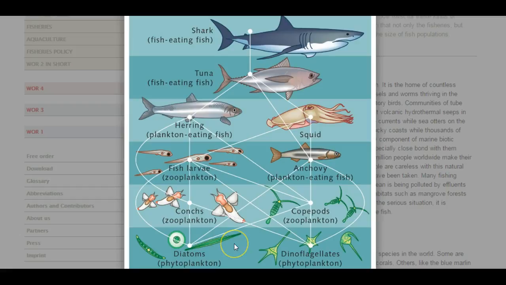They use carbon dioxide as they do that, and they produce oxygen as a byproduct. And then these organisms, these conches and these copepods, they then eat these primary producers to get their energy, and so on as it moves up the chain. And that's really the transfer. So the energy goes from diatoms to conches to fish larvae to herring to tuna. Okay, so that's what it's talking about when it is talking about energy transfer.